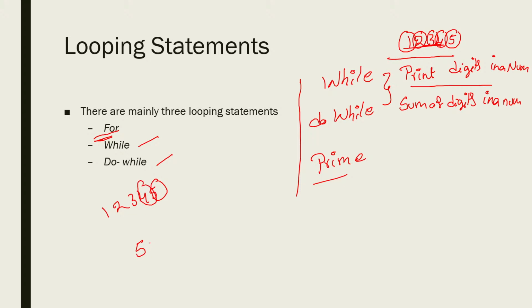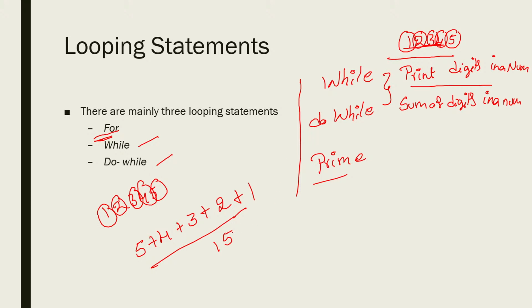Take this value, add it. Like this, every individual digit needs to be taken and added. Like this, I need to get the sum, guys. We will learn this program.